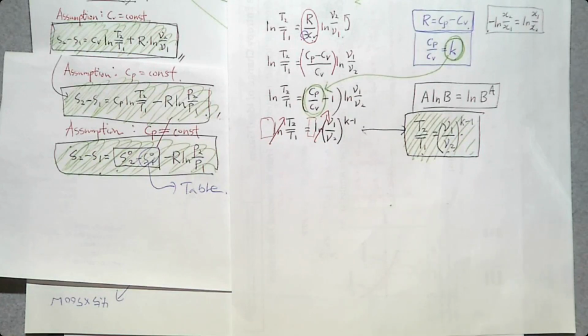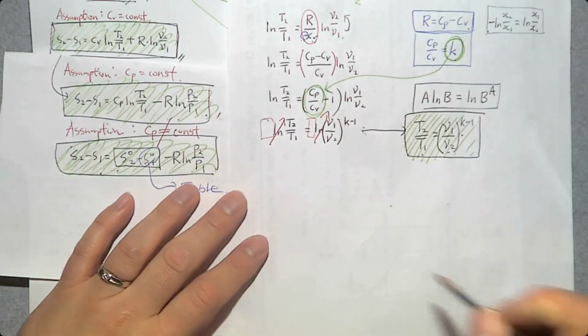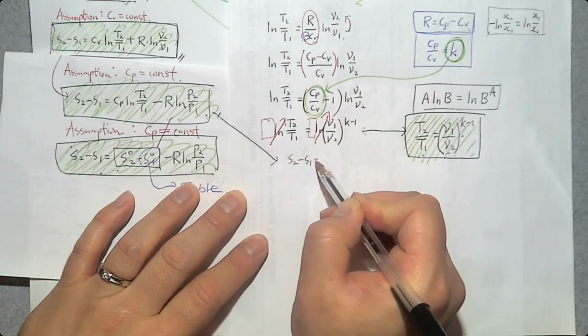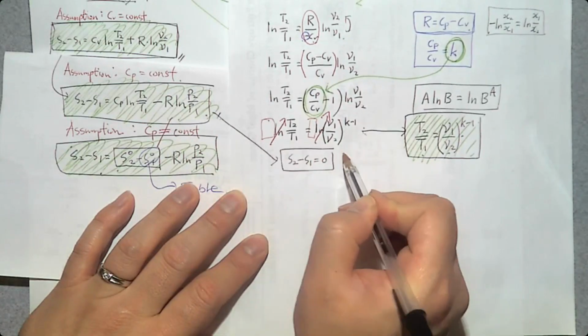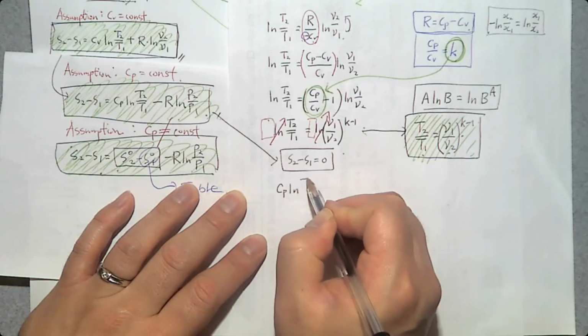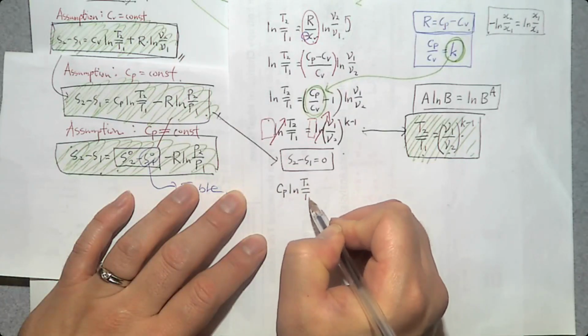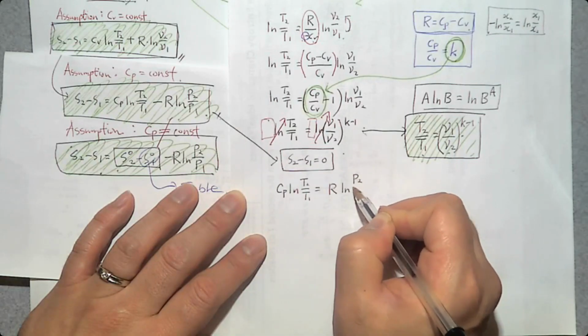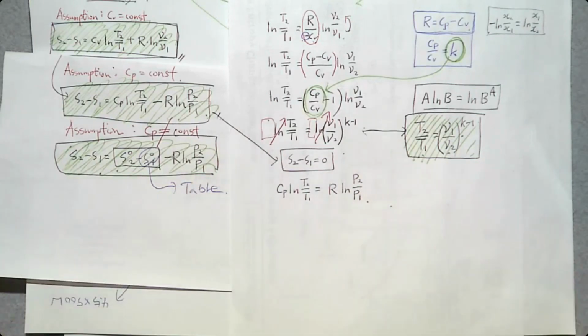So can we move this one to the other side? Yes. So for this one, S2 minus S1 is 0. With that assumption, the equation is going to be Cp natural log T2 over T1 is going to be R natural log P2 over P1.